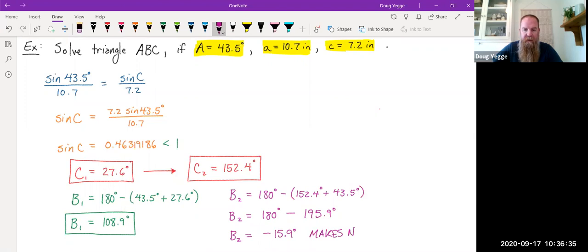So notice that this is a scenario where we thought there might be two triangles, and because the second triangle's obtuse angle was too big to make another angle, it turns out that there are not two triangles. We know now that there is only one solution.